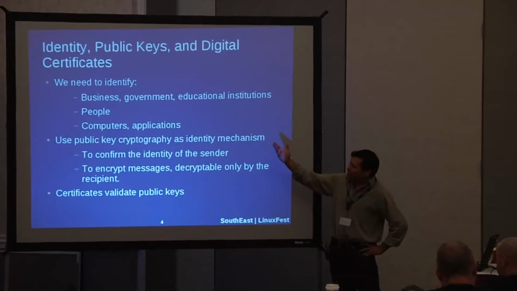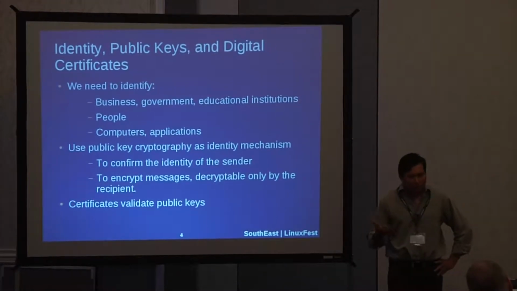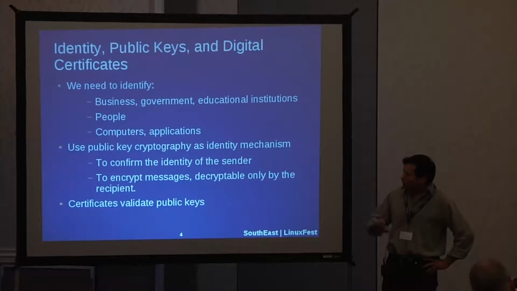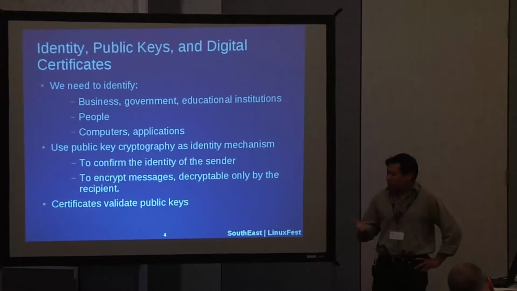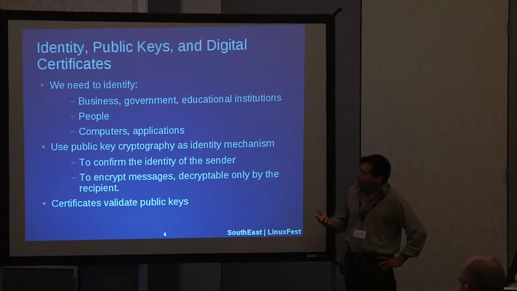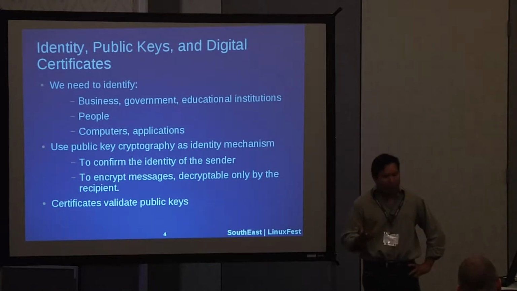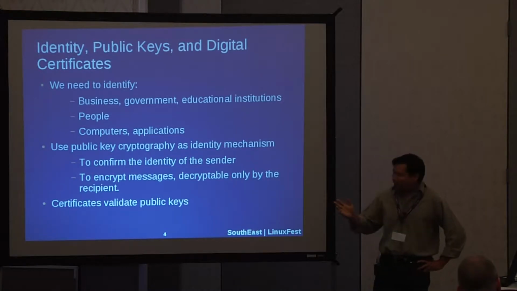We need to identify people because there are applications where you can log in and be prompted to authenticate using a client certificate. When you generate a private and public key, you keep the private key and publish the public key everywhere.